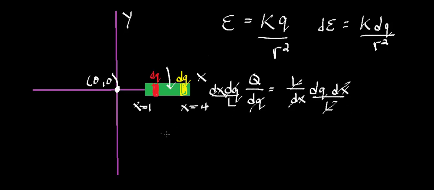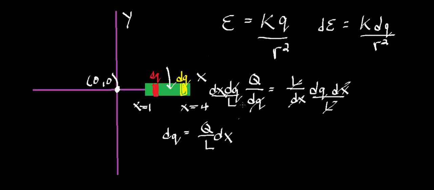My dq in this equation is going to be Q, the total charge of the rod, which I have not given you yet, divided by the total length of the rod, multiplied by a differential length element dx. If this rod had been on the y-axis, I would have picked dy, but since it's on the x-axis, I picked dx.